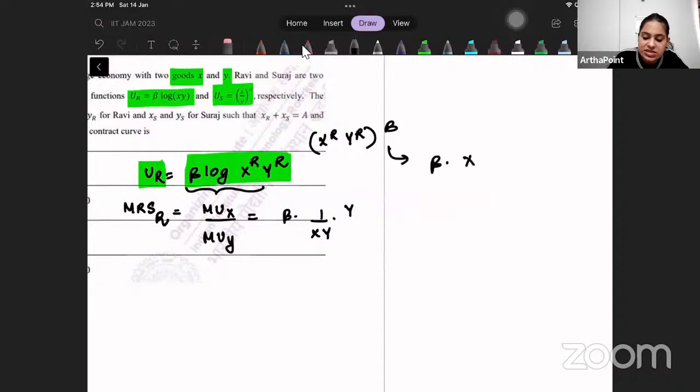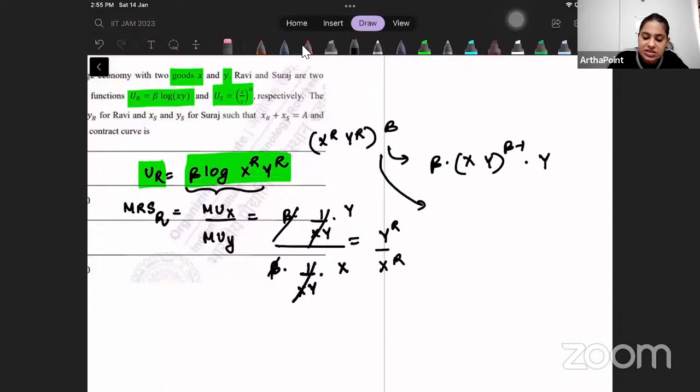Beta XY to the power beta minus 1 into Y. Now do for MUY, what will you get? Beta log XY would have been 1 by XY, and differentiation of Y will be X. So this gets cancelled, this gets cancelled, and MRS will be Y by X.